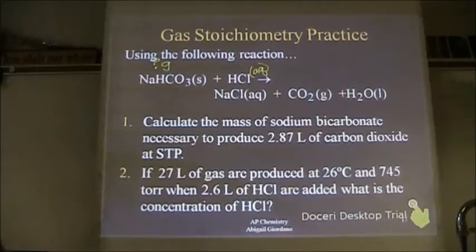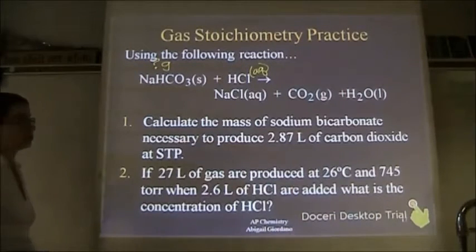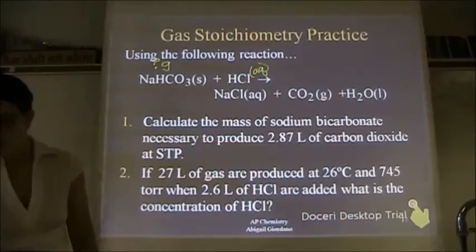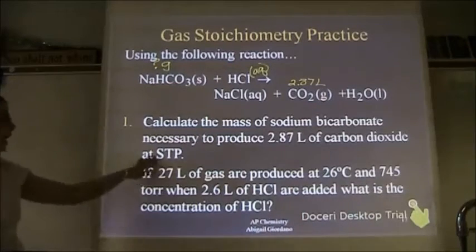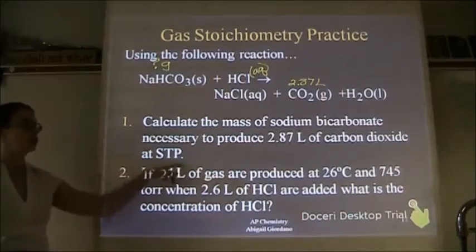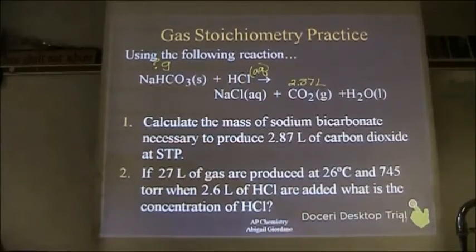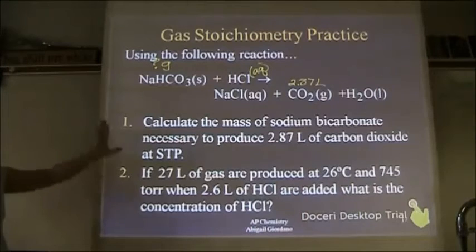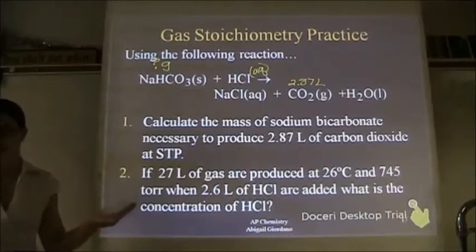Calculate the mass of sodium bicarbonate necessary to produce 2.87 liters of carbon dioxide, and it says we're at STP. Anytime you see that, you should be doing a little mental dance of joy, because that means the problem is relatively short and pretty quick, because you can use what number? Very good, 22.4 liters. So number 1 is pretty simple.